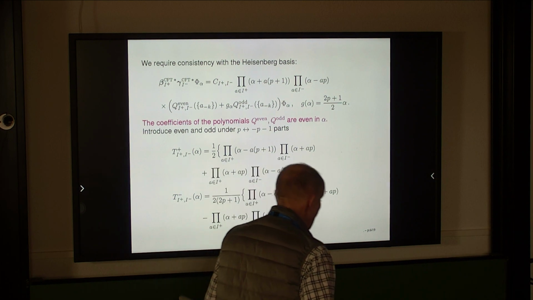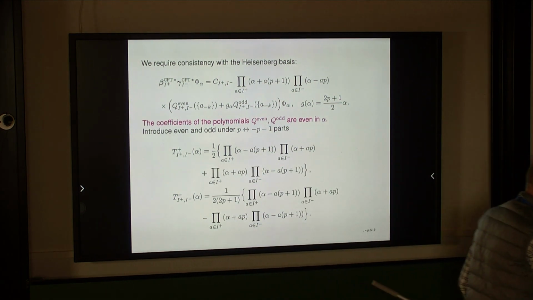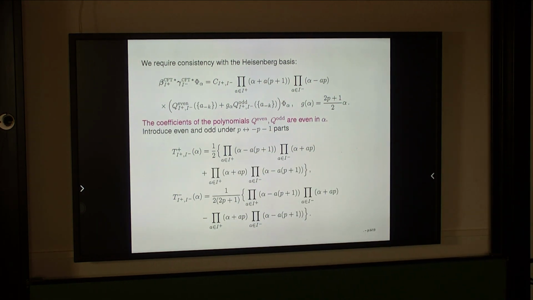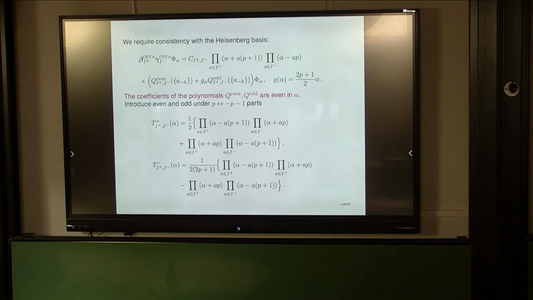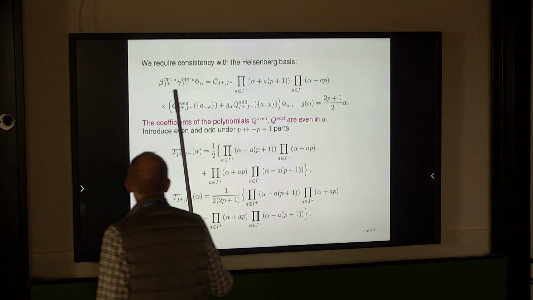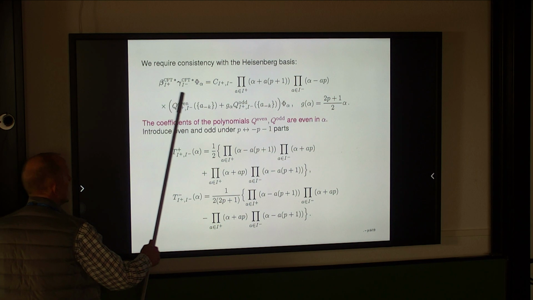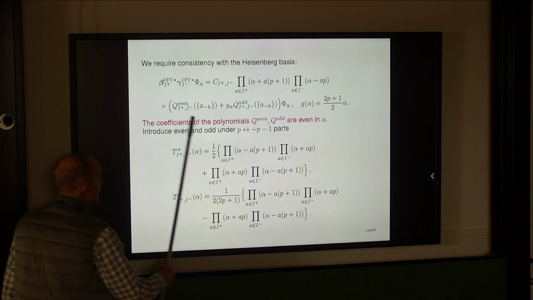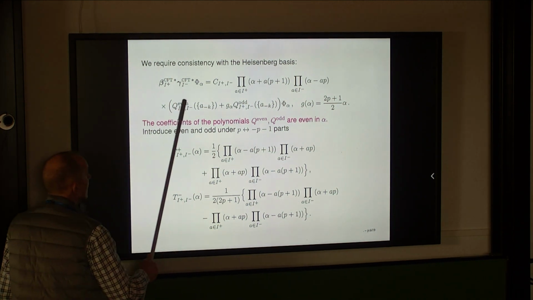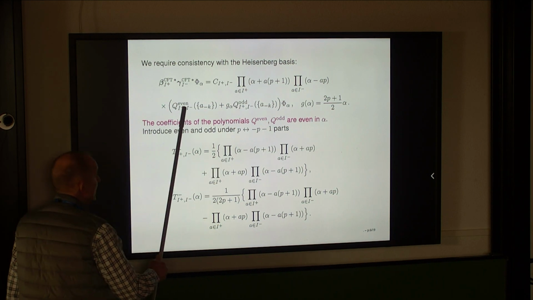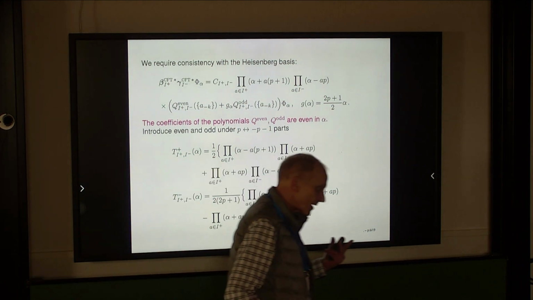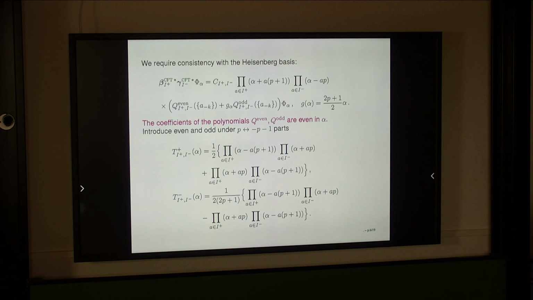But then I go to the Heisenberg side, and what I said before can be reformulated as follows: the same thing allows another representation from the Heisenberg side, that I have also Q even and Q odd, which depends now on the Heisenberg scaling dimension, which is just alpha squared.